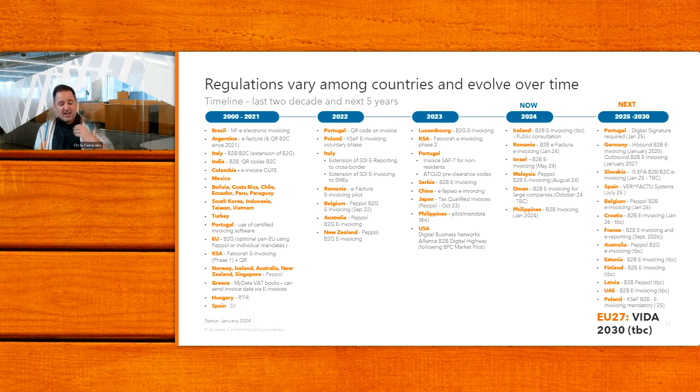So it is not like a switch, like Poland turns it on or Poland turns it off. There are different levels to this, and there are also different rails. There's not one standard, right? So in Europe it's PEPPOL, in China it's something different. So you need to make sure that you're selecting a provider that has very broad and global coverage.